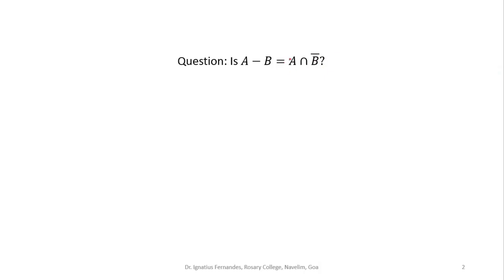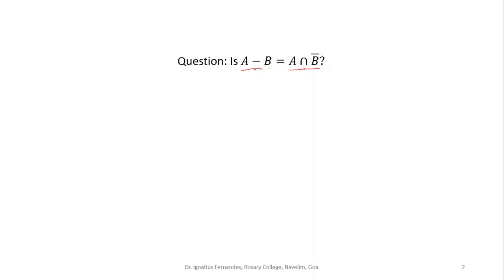Now, by our previous theory, if you want to show that two sets are equal, one way is to show that this set is a subset of this, and this set is also a subset of this at the same time, and that is possible only when both the sets are the same. So if I have to prove that A minus B is a subset of A intersection B complement, I will have to take all the elements in A minus B and show that they are all present here.